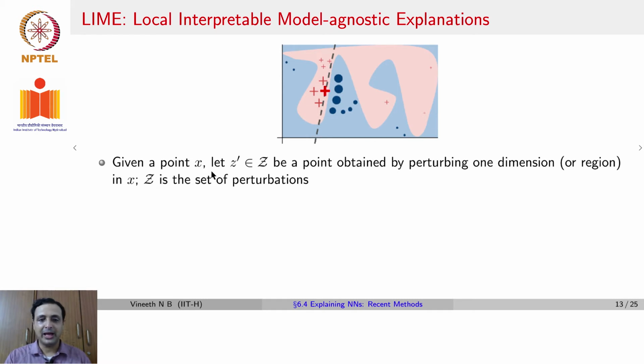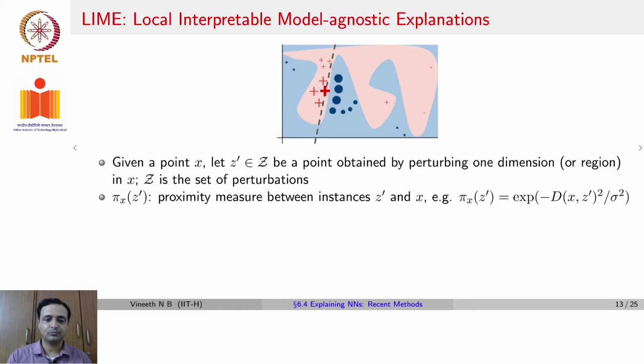Given a point x, that's your bold red cross, let z prime be a point obtained by perturbing one dimension or region in x. You could perturb a pixel, or a particular region. You could do occlusion kind of experiments, or perturb an entire region of an image. Capital Z is the set of all perturbations.